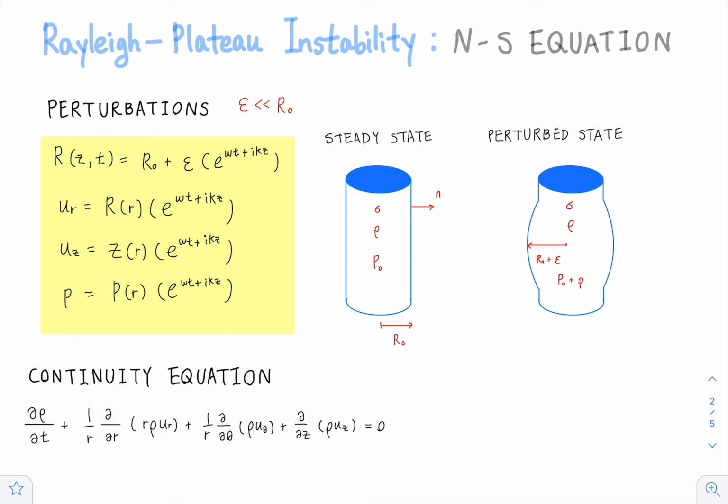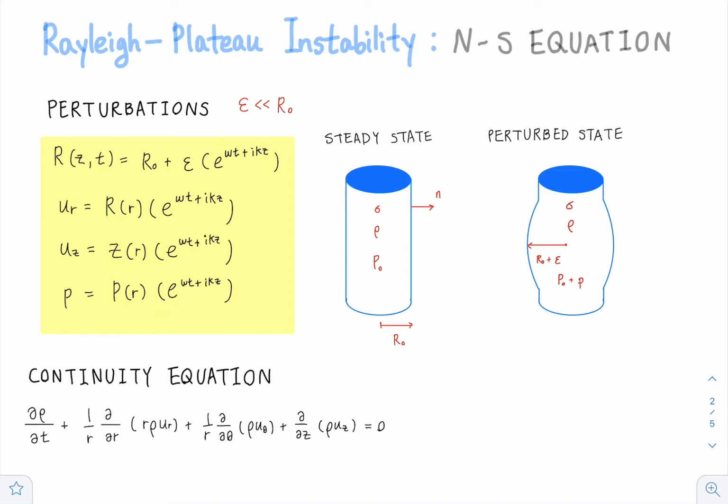You can see that all these terms are accompanied by the same term, exponential omega t plus ikz, where k is the wave number of the disturbance in the z direction. And therefore, we can also think that the corresponding wavelength of these perturbations is going to be 2 pi over k.